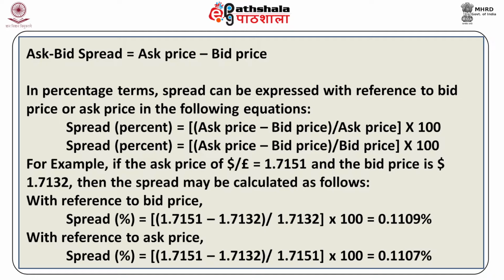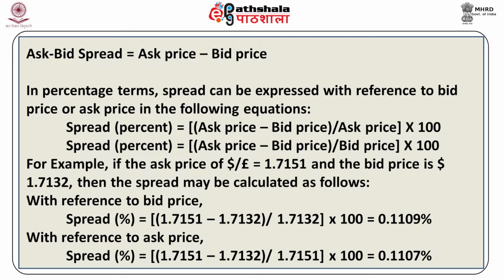For example, if the ask price of dollar per pound is 1.7151 and the bid price is $1.7132, then the spread may be calculated as follows.